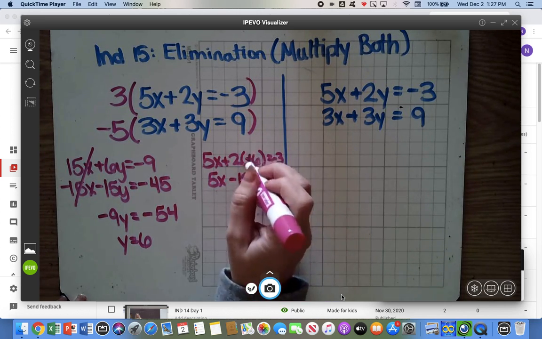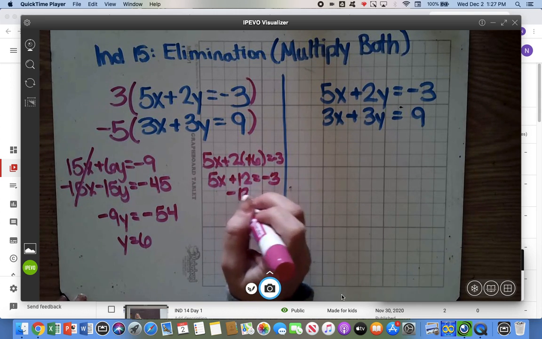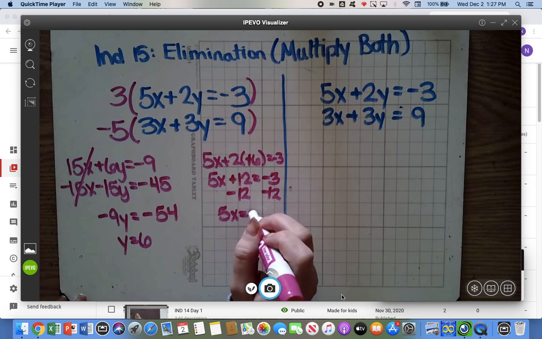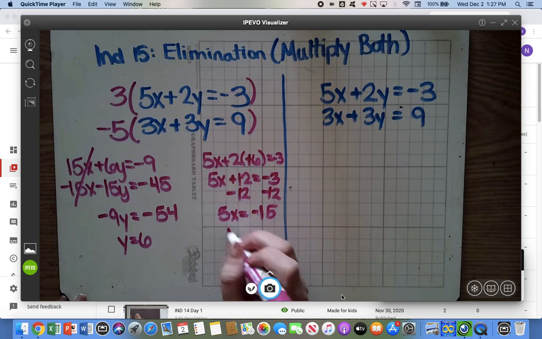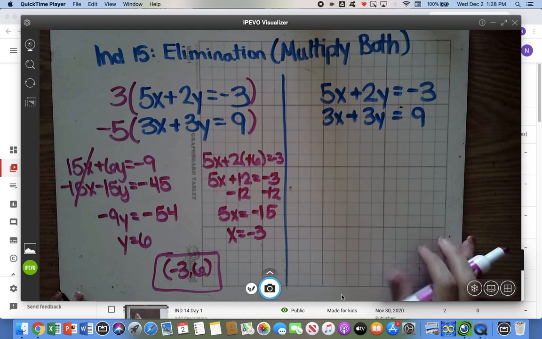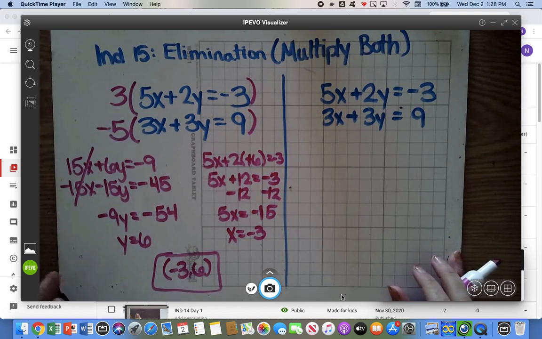It's a positive 6, so it's a plus 12. And we get negative 15, and I get x is negative 3. All right, so if you multiply to eliminate the x's, this is what your work's going to look like.